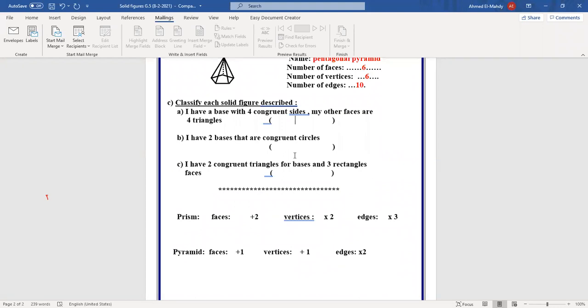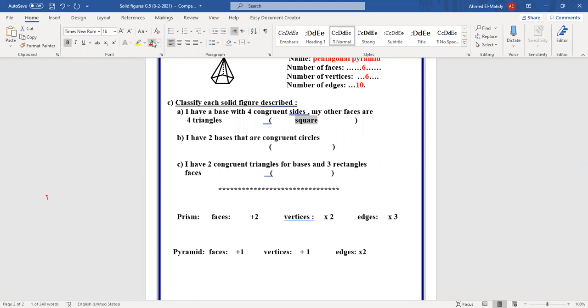No, the rectangle does not have 4 equal sides, Adi. Square, Adi. Square pyramid. The square has 4 equal sides. It will be a square pyramid. Okay.